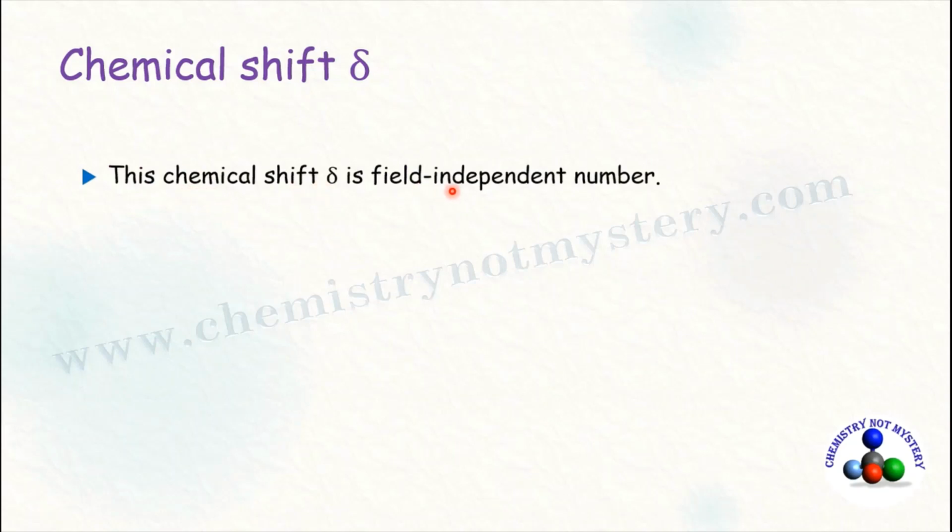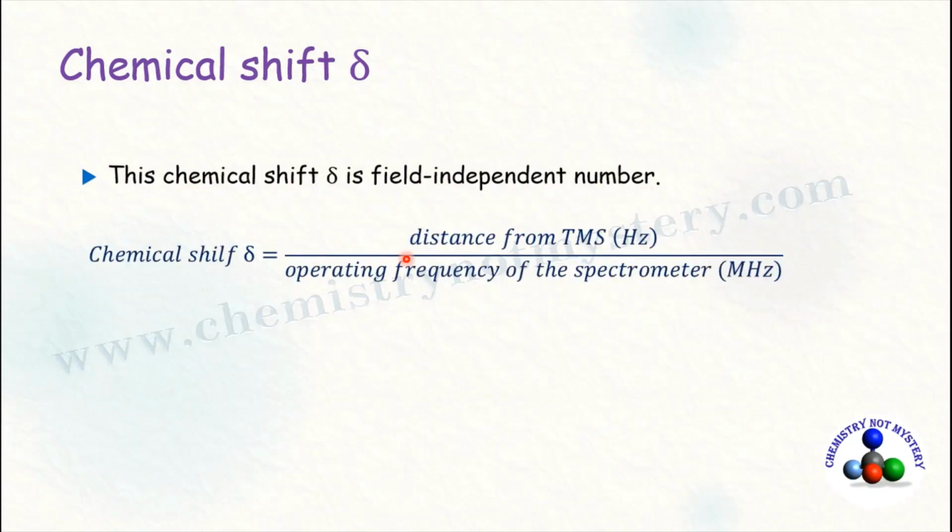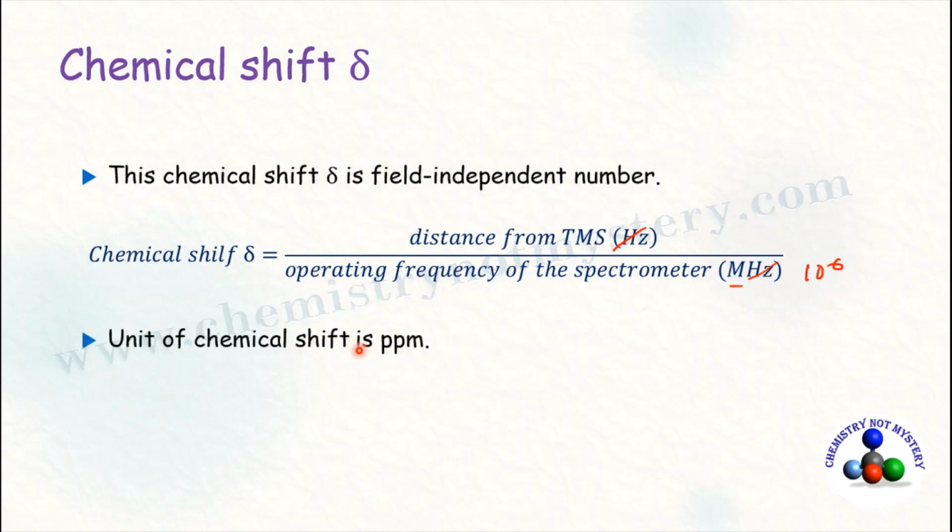Chemical shift is a field-independent number. It can be calculated as the distance from TMS in Hertz divided by the operating frequency of the spectrometer in megahertz. So Hertz and Hertz will cancel out, and in the denominator 10⁶ will remain. That's why the unit of chemical shift is ppm, parts per million.